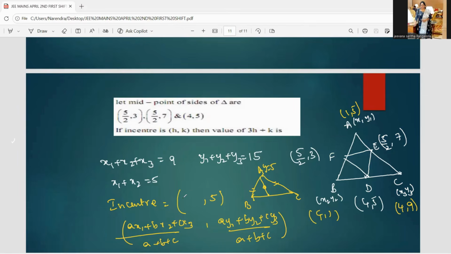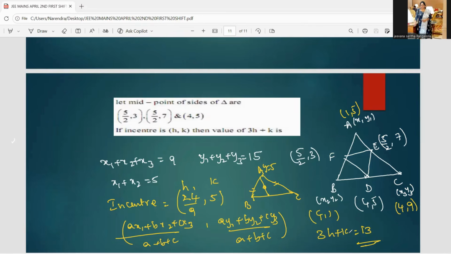You need to put in effort to find the x coordinate, because we already identified that it is isosceles and we also know the vertices. So that would give us 24 by 9. Then when you plug in this h comma k in the given condition, 3h plus k would be 13. And this also takes just a minute to complete because the solving part is not lengthy here.